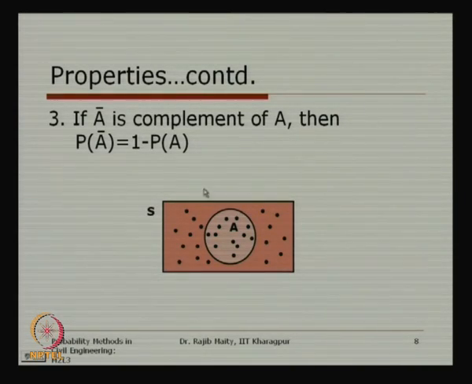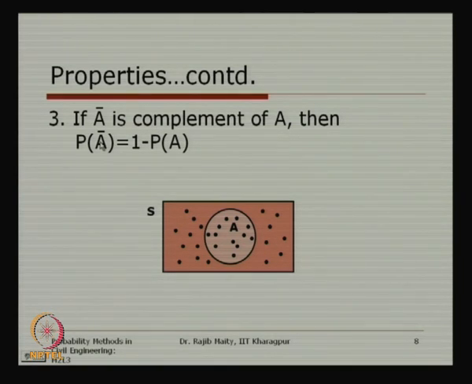The third property is, if A complement, that is A bar, is the complement of the event A, then the probability of A complement is equal to 1 minus the probability of A. Here, one thing is that the event A and its complement, the union of these two events, consist of the full set.